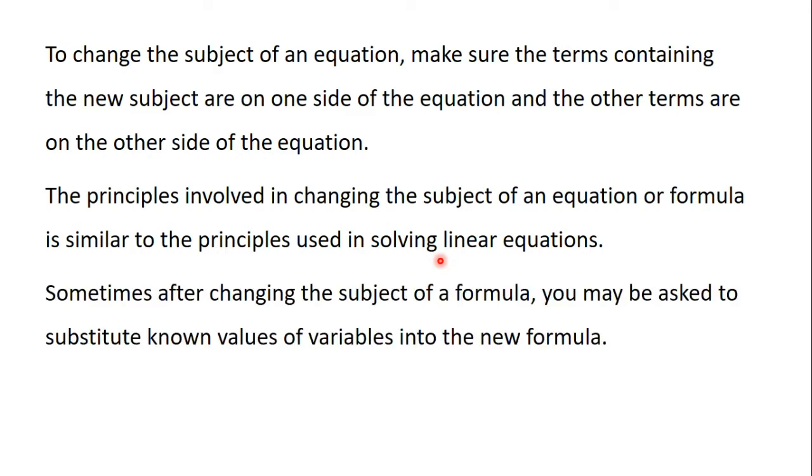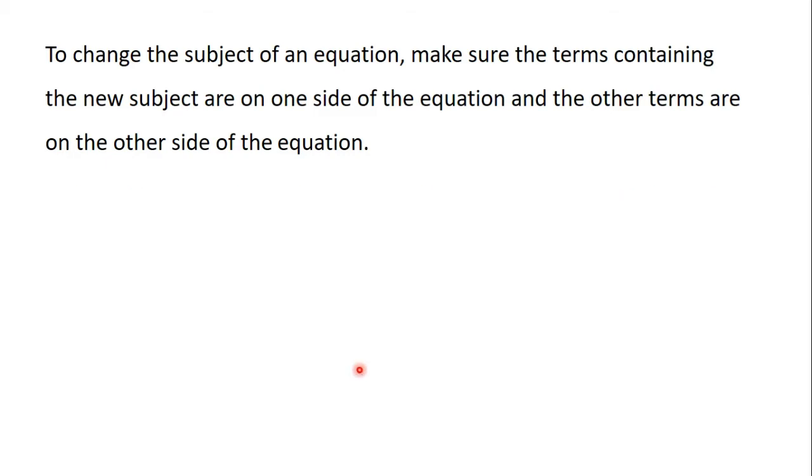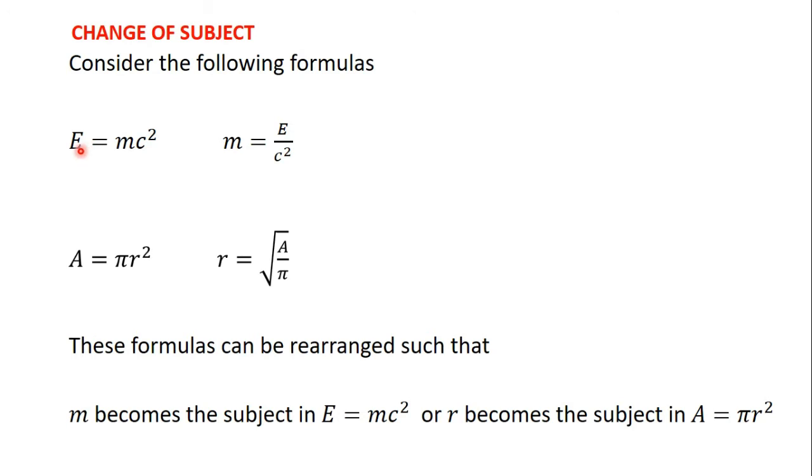Sometimes after changing the subject of a formula, you may be asked to substitute known values of the variables into the new formula. Now this is what this means. You can see that in this case, we changed the subject from E to M. Sometimes after changing the subject from E to M, you will be given values for E and C. Then all you need to do is to substitute them into this new formula.